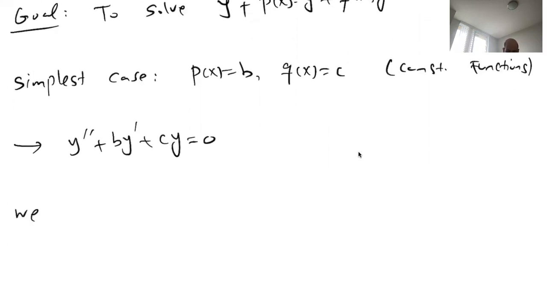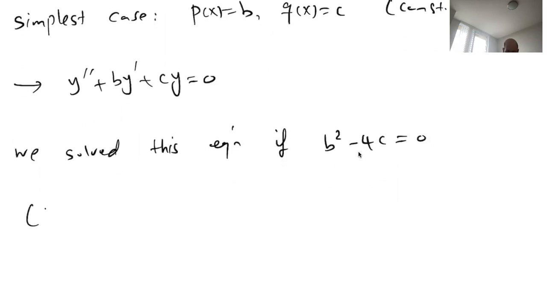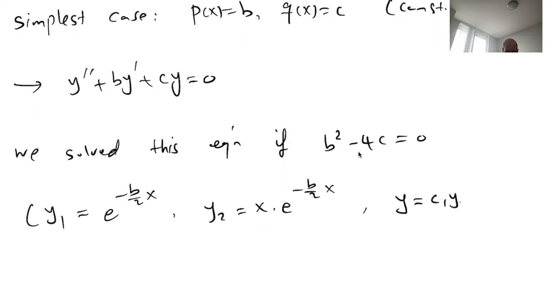Now we solve this equation if b squared minus 4c equals 0. We saw that y1 equals e to power minus b over 2 x, and y2 equals x times e to power minus b over 2 x. And the general solution will be c1 y1 plus c2 y2.